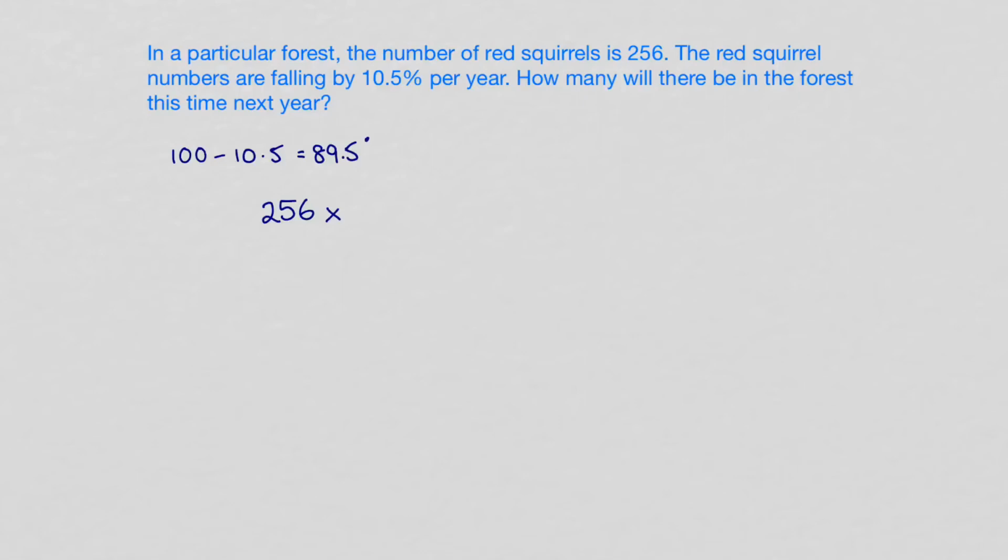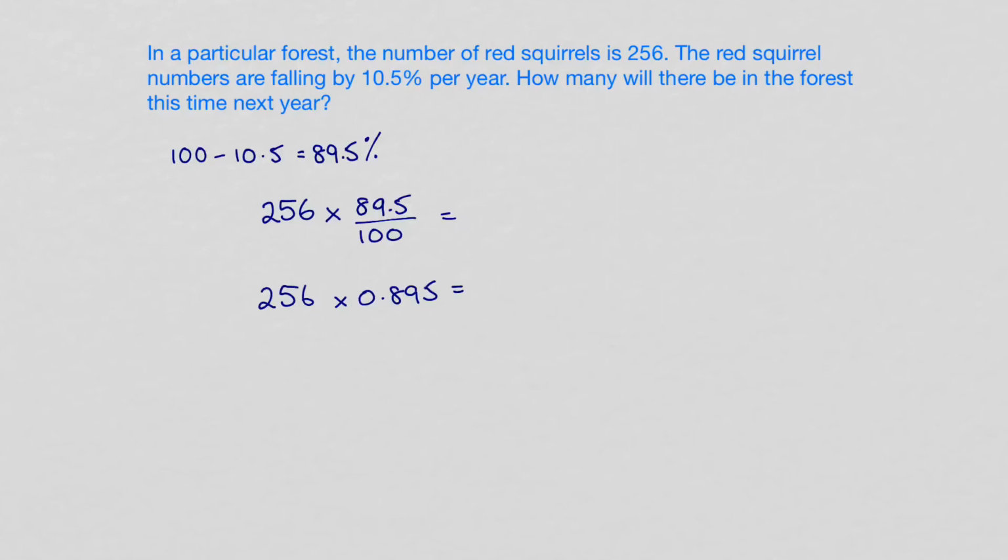Okay, now remember this 89.5 is a percentage, so we're either multiplying by 89.5 divided by 100, or we're multiplying by 0.895. Okay, either is fine because they mean exactly the same thing. Okay, both of these are going to reduce our 256 by 10.5%.